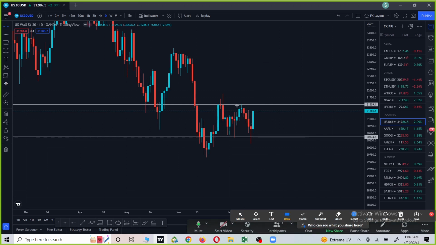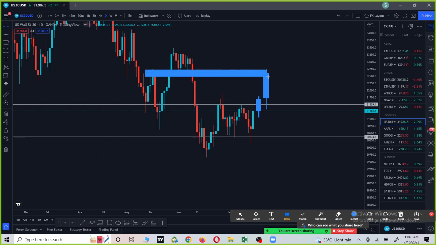If we get a closure above the resistance, we expect the price to move to the next resistance, something like that.